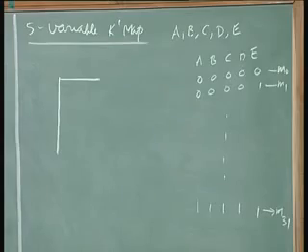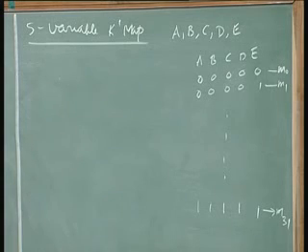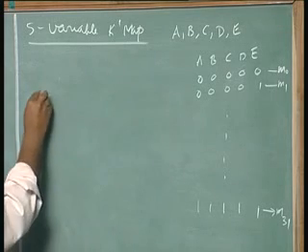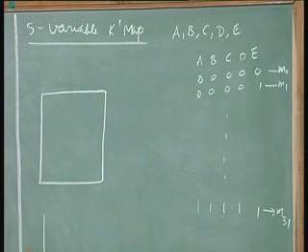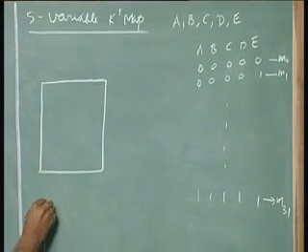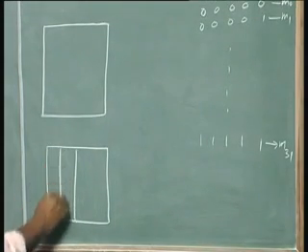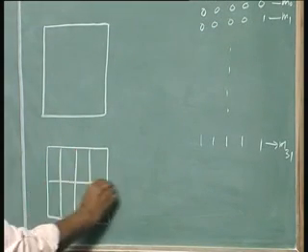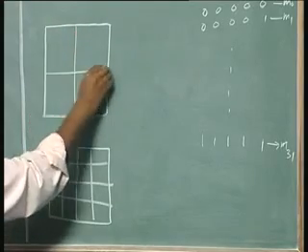So one way to do this would be to draw 2 maps considering only 4 of these 5 variables each.